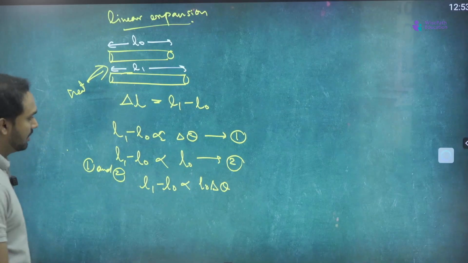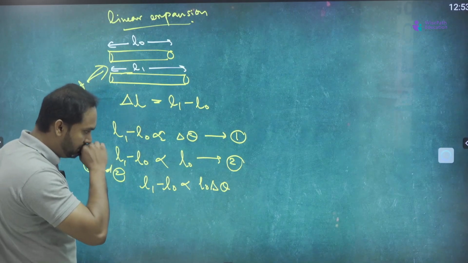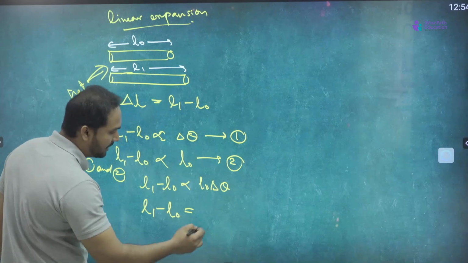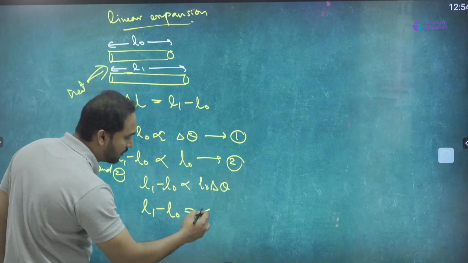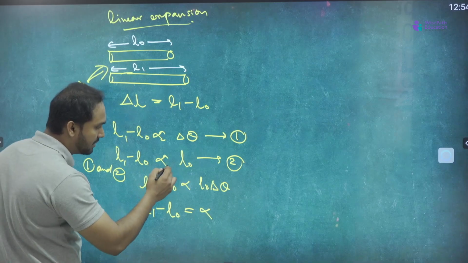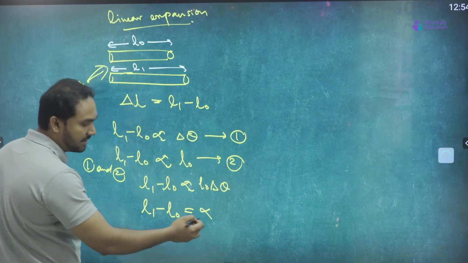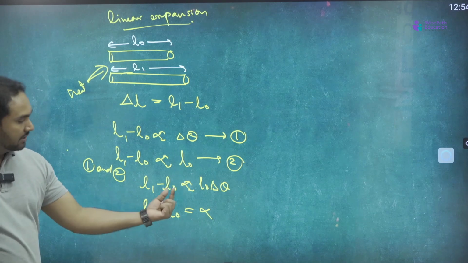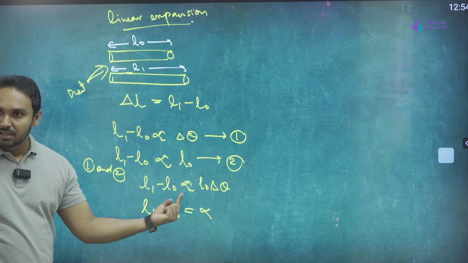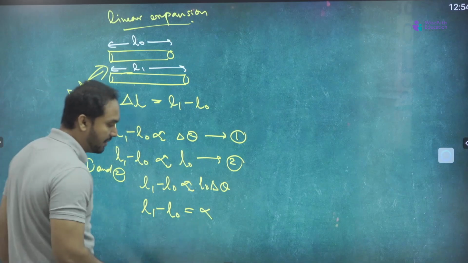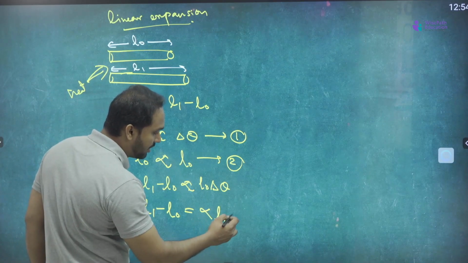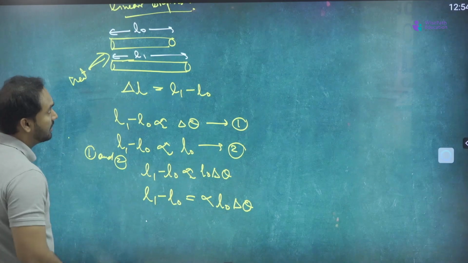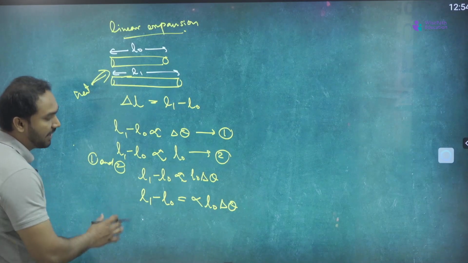So we can take the constant as alpha. Try to understand: this is the proportional symbol, and this is the constant alpha. These are two different things. So L1 minus L0 equals alpha times L0 delta theta. Now I isolate L1, the final length.